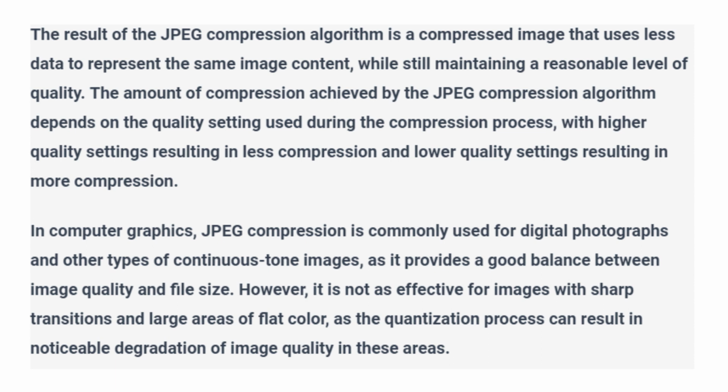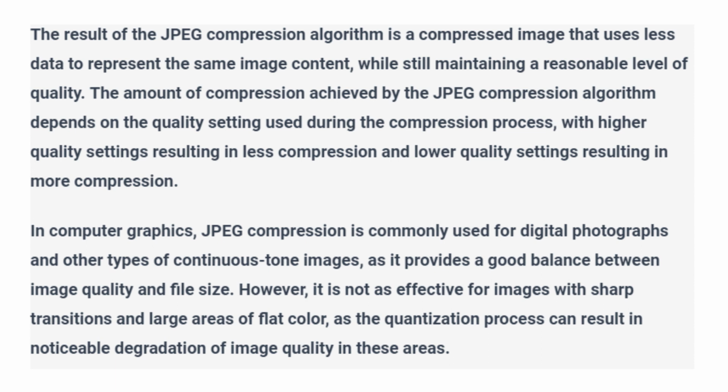The amount of compression achieved by the JPG compression algorithm depends on the quality setting used during the compression process, with higher quality settings resulting in less compression and lower quality settings resulting in more compression.